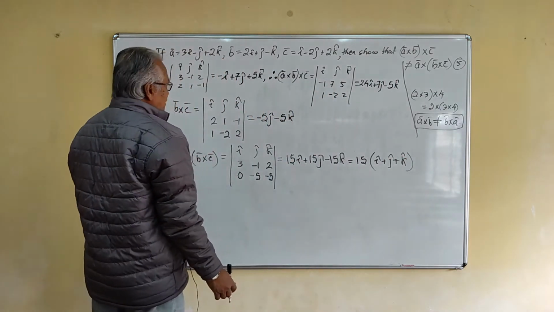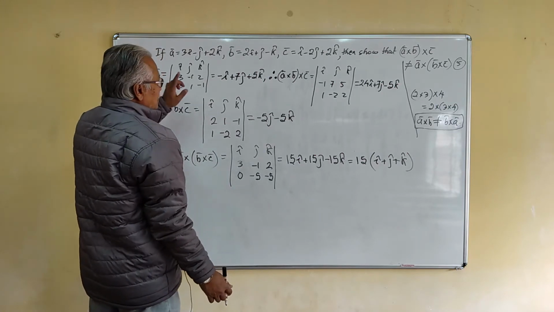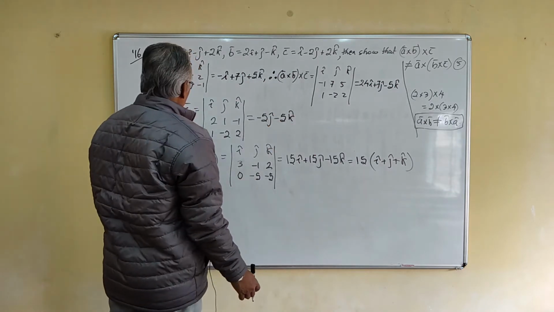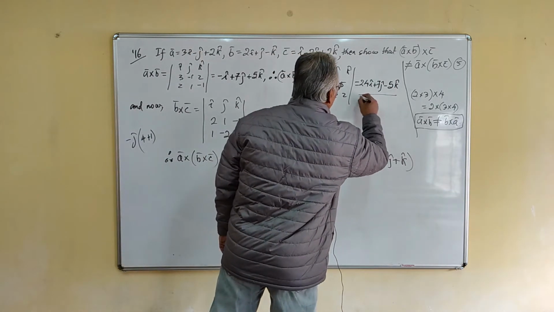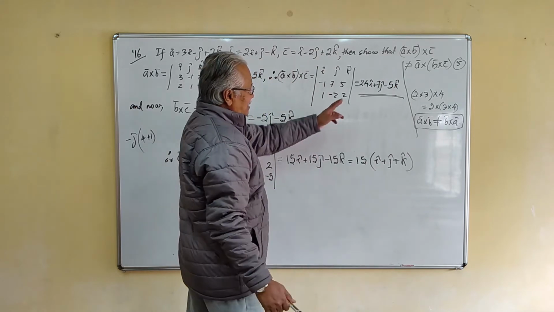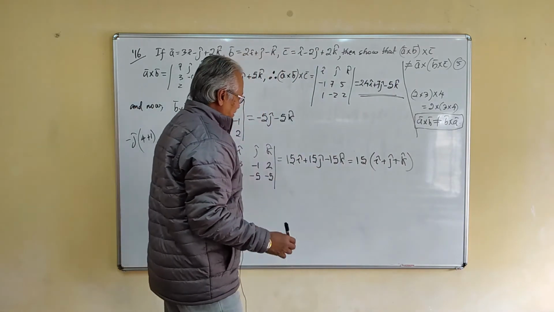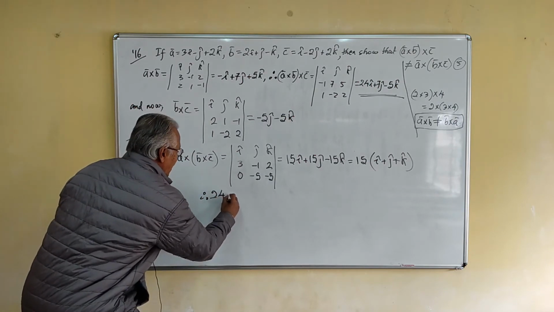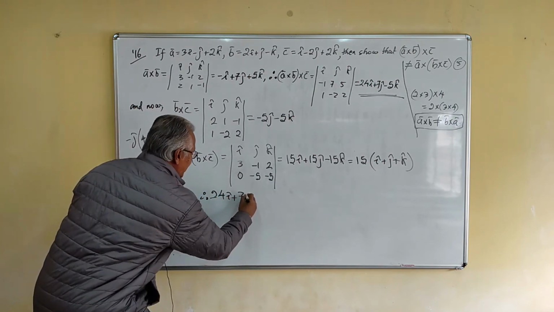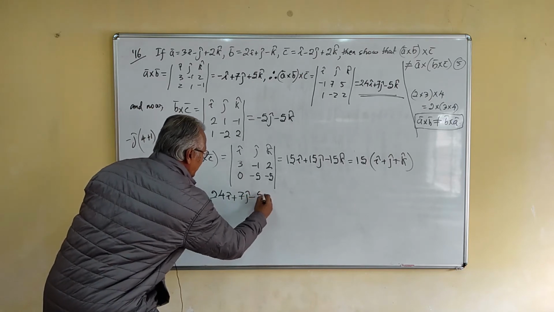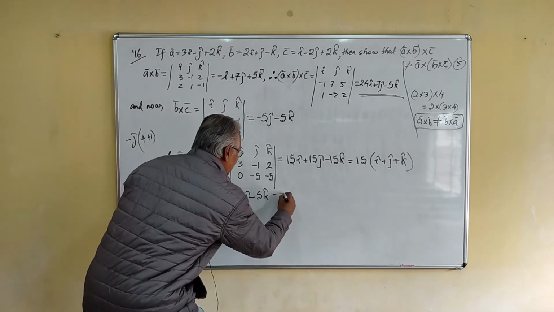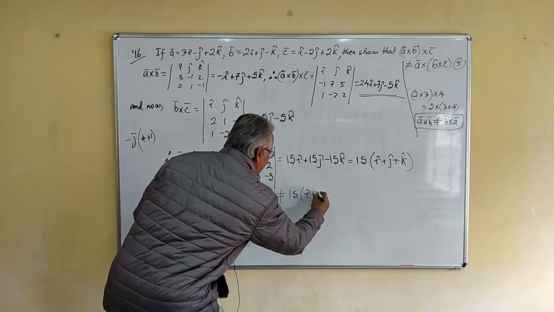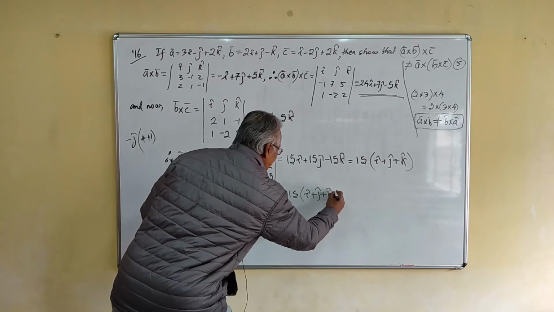So we have seen that A cross B within the bracket cross C is equal to 24i plus 7j minus 5k. So therefore, you can say that 24i plus 7j minus 5k is never equal to 15 times i plus j plus k.